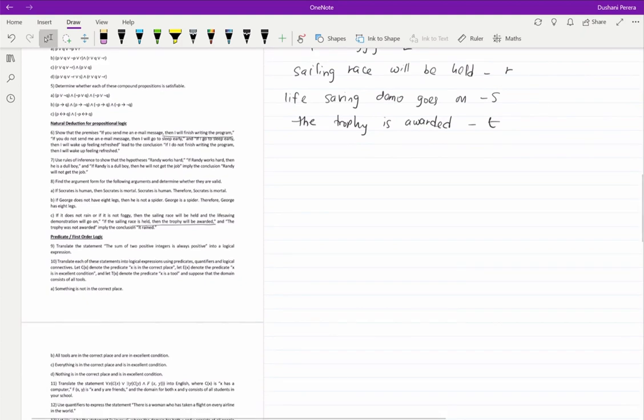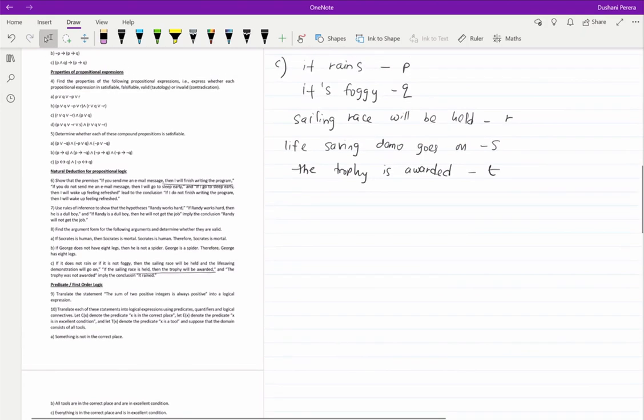Okay, let's take down our premises. If it does not rain, or if it's not foggy, then the life-saving demonstration and the sailing race, both will be held.